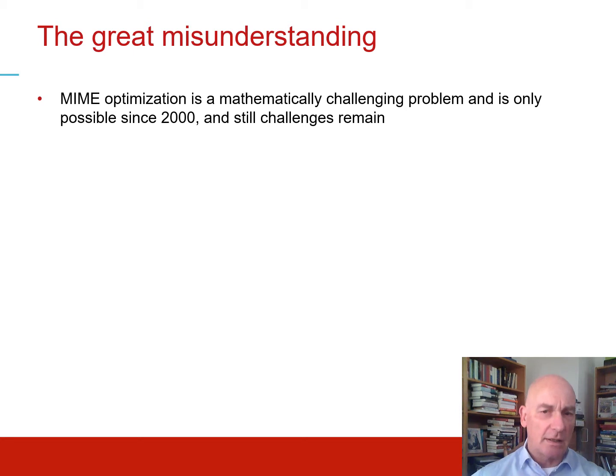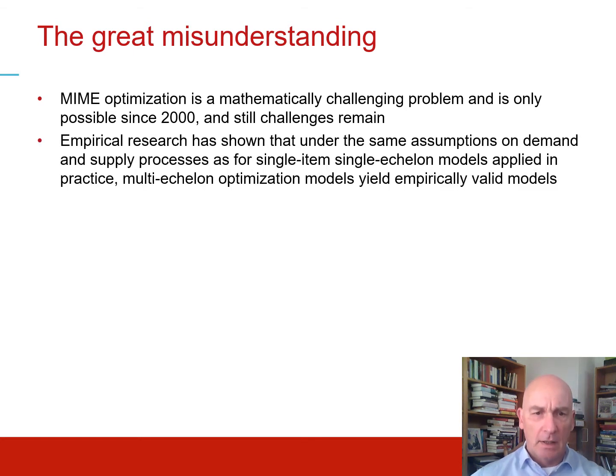You might say that there's some hope that AI techniques might be of help, but it could well be that we have to proceed more in a mathematical direction than in a computer science direction to get the job done. However, the good news is the empirical research that I've been doing over these 20 years, since I also tried to develop a multi-item, multi-echelon approach.